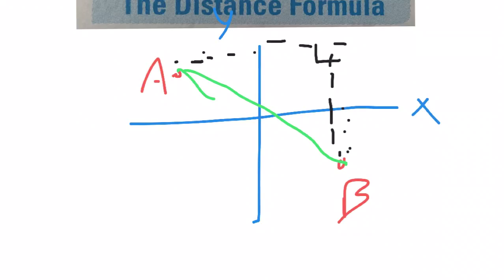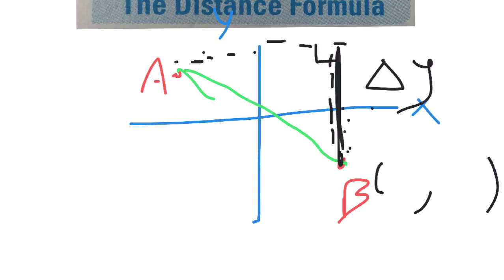Say this is the y direction, this side right here. We can call that delta y, which we get by subtracting the y-coordinate from point B, which we'll call y1, and the y-coordinate for point A, which we'll call y2.